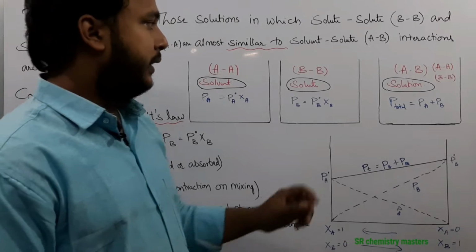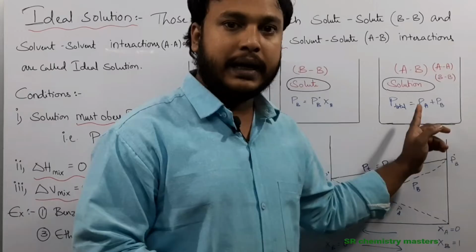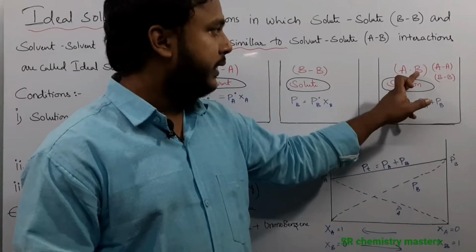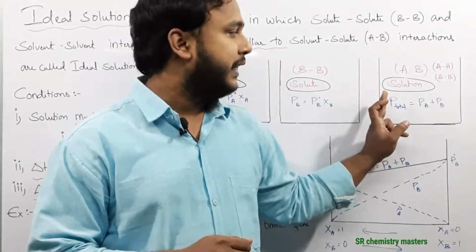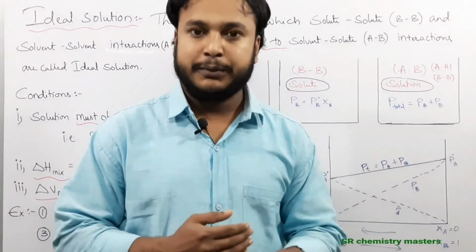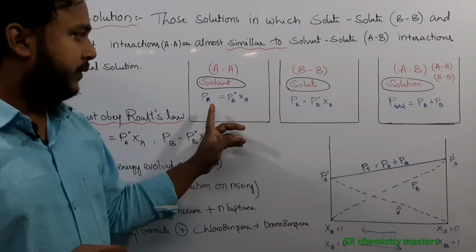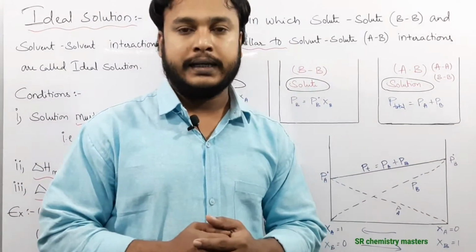And you know that if we mix the solute with solvent, we are going to get a solution, and the solution will have three types of interactions, that is solute-solvent, solvent-solvent and solute-solute. In the solution, if the interaction between the solute and solvent is similar to that of solute-solute and solvent-solvent, then this type of solution is considered an ideal solution.